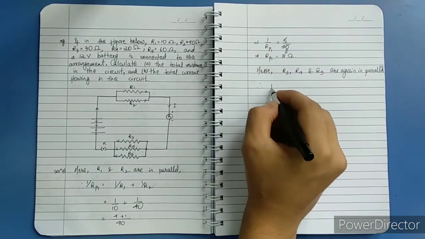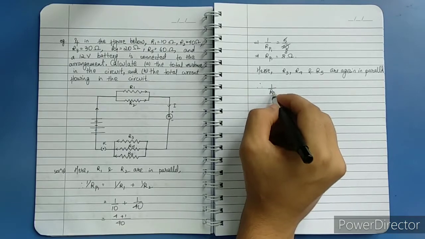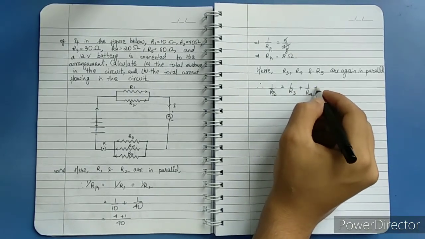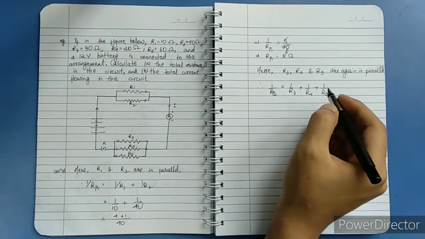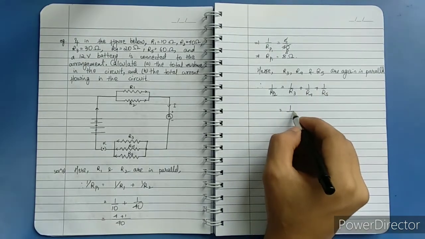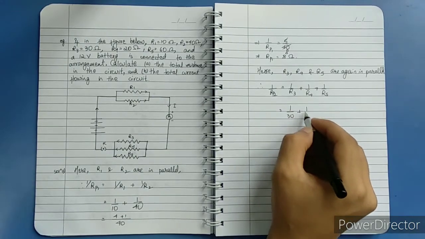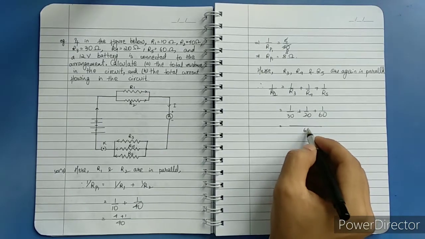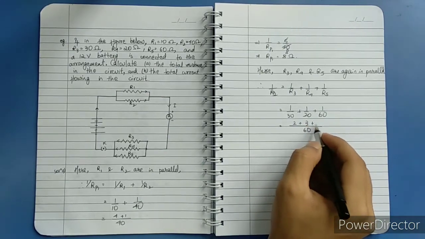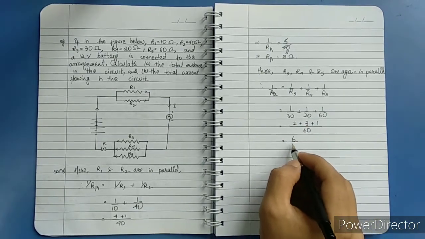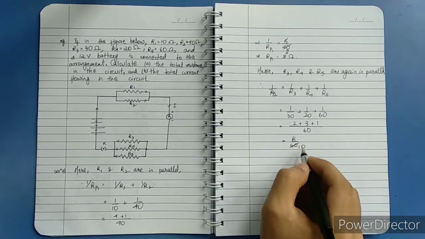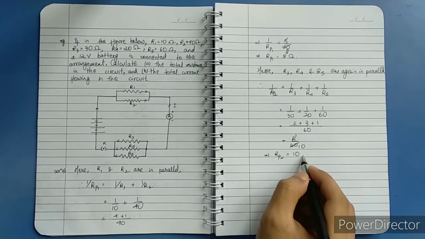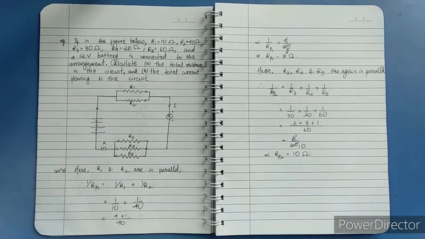So therefore 1 by Rp2 equals 1 by R3 plus 1 by R4 plus 1 by R5. This is equal to 1 by 30 plus 1 by 20 plus 1 by 60. So the LCM here is 60, 2 plus 3 plus 1. So we get 6 by 60. So this implies Rp2 is equal to 10 ohm, because we'll take the reciprocal to find Rp2.